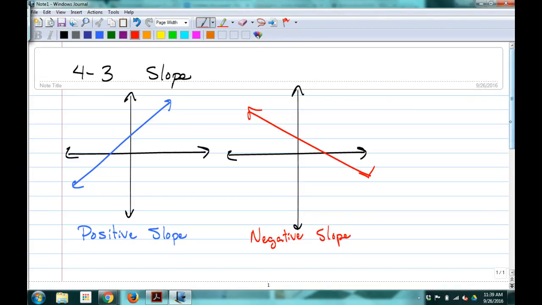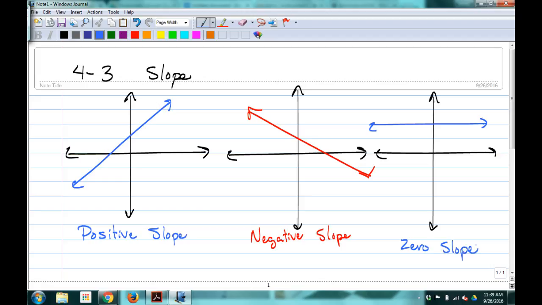Okay? You've got a coordinate plane, and you have a line that is going straight across. It's horizontal, like that. That would be zero slope. Okay, so horizontal. Up and to the right, positive.